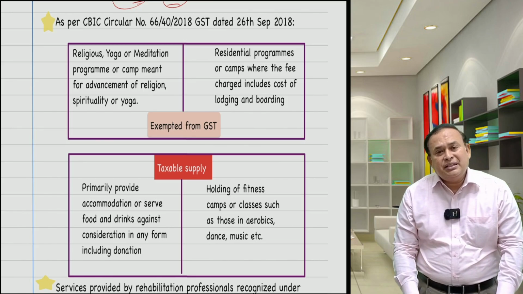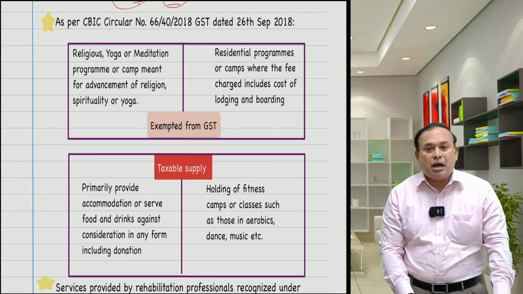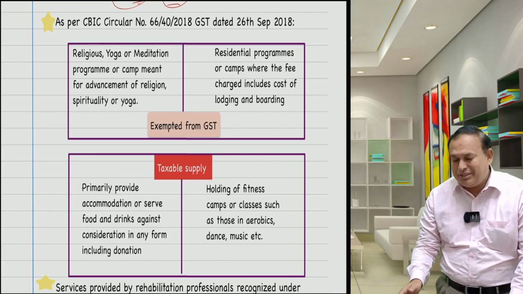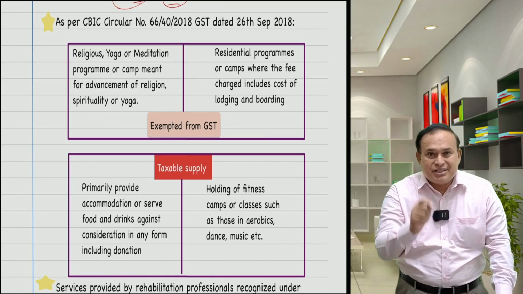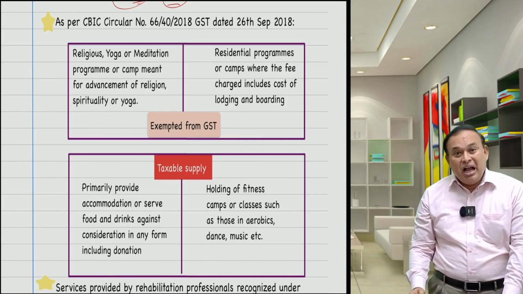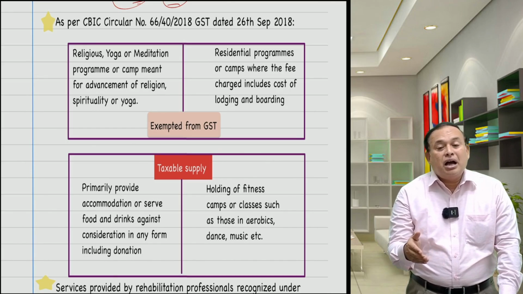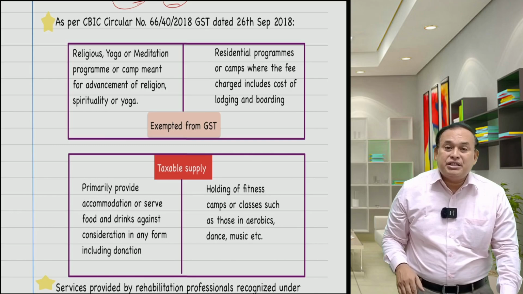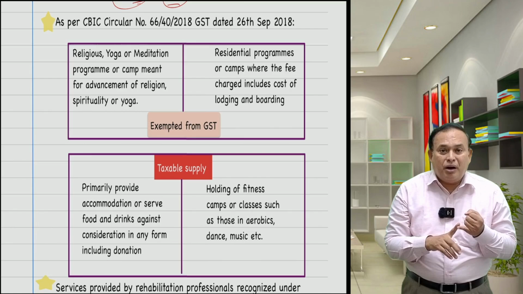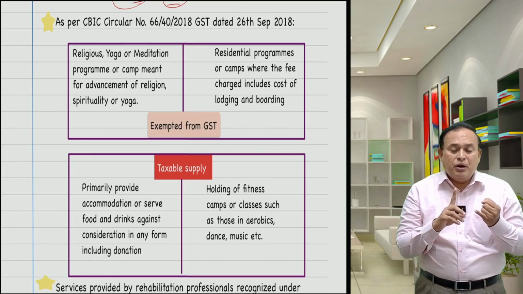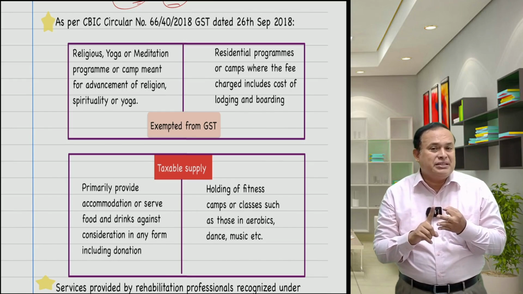They are offering not only advancement of yoga, but also pick up and drop of the passengers, I mean to say participants, food and beverages to the participants, and along with that stay accommodation services, pick up and drop of participants, followed by accommodation services, followed by food and beverage services.